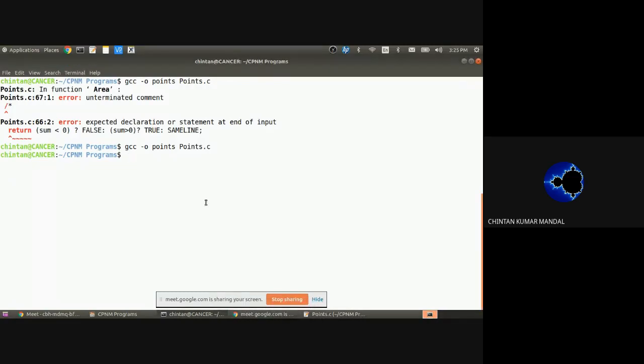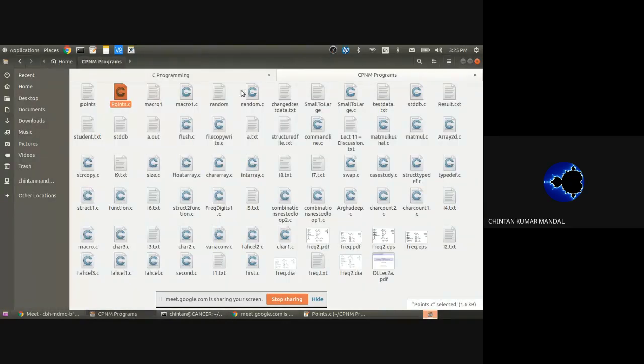So let's see, if I do ls minus al with points star, what size does it come to?